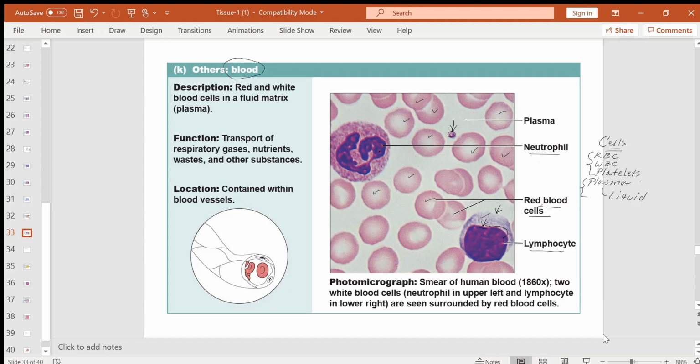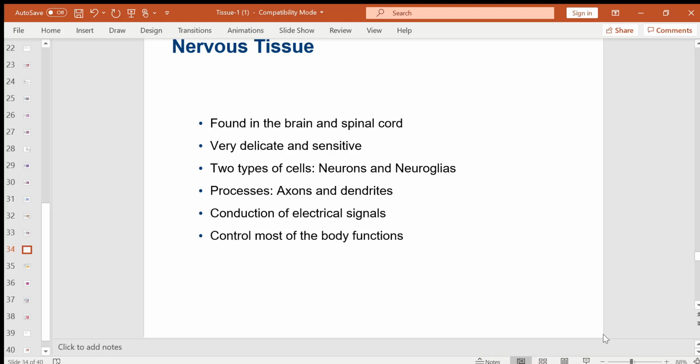Okay, blood is very important because it transports most of the chemicals in your body from one place to another. Okay, so that's all about the connective tissue. Now we'll talk about the nervous tissue. Nervous tissue forms the brain, spinal cord, and the nerves.